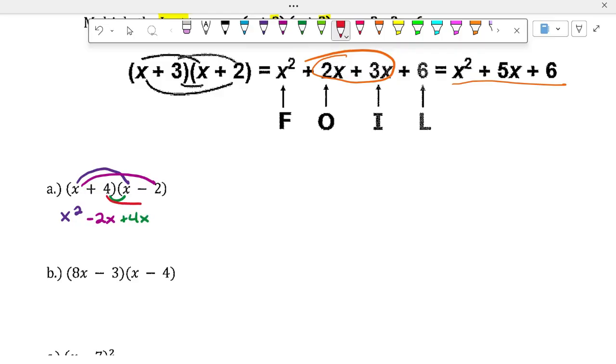And then last, 4 times negative 2, negative 8. So if I combine like terms, what are my only two terms I can combine? Negative 2x and positive 4x. What's that equal to? So I got x squared, negative 2x plus 4x, positive 2x minus 8.